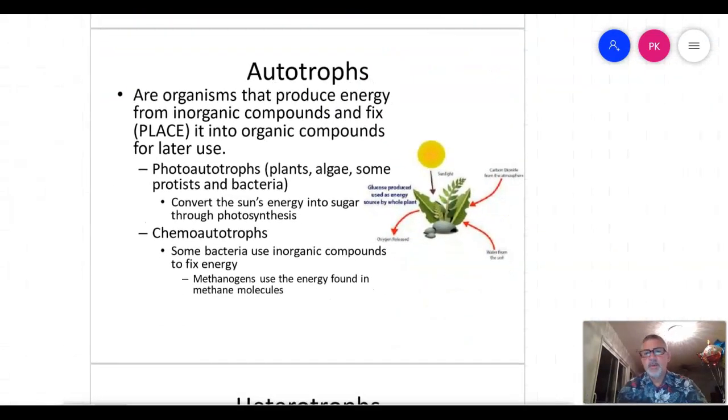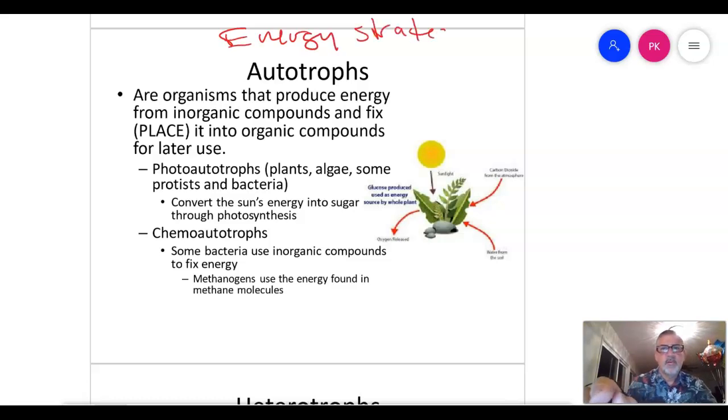Right, so we can talk about energy strategies. So these are energy strategies. Auto means self, troph means eating, right? So autotrophs are self-eaters. So autotrophs produce their energy.